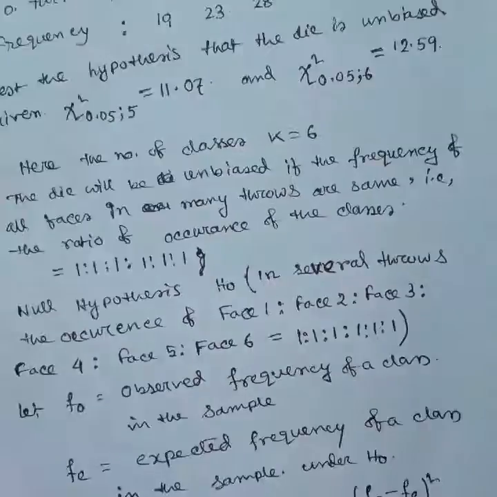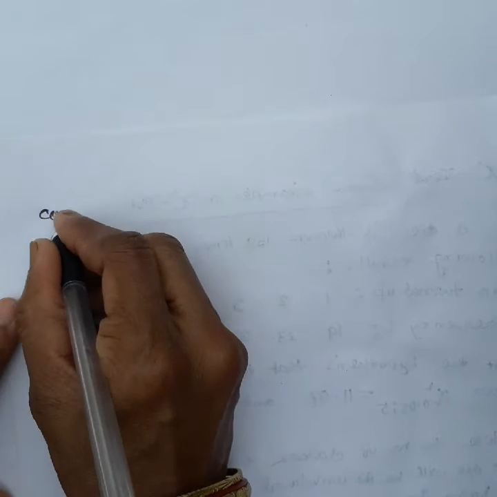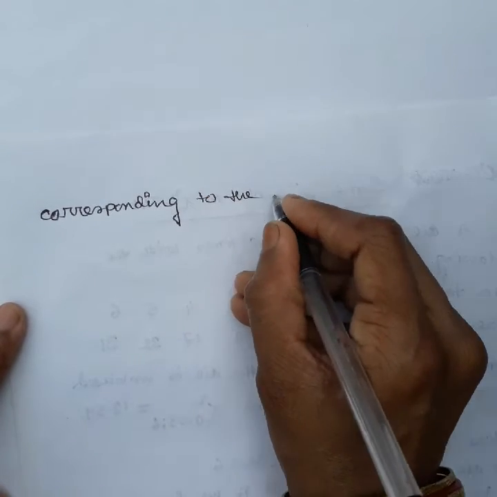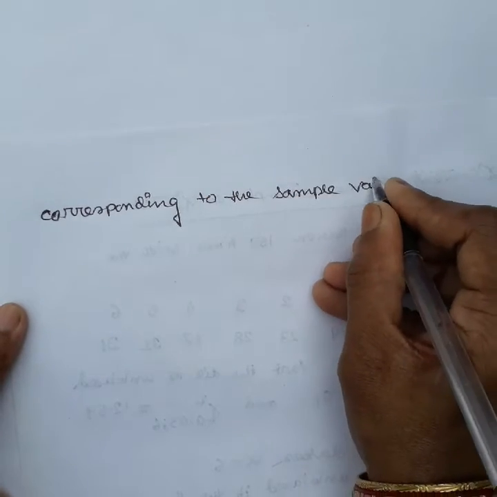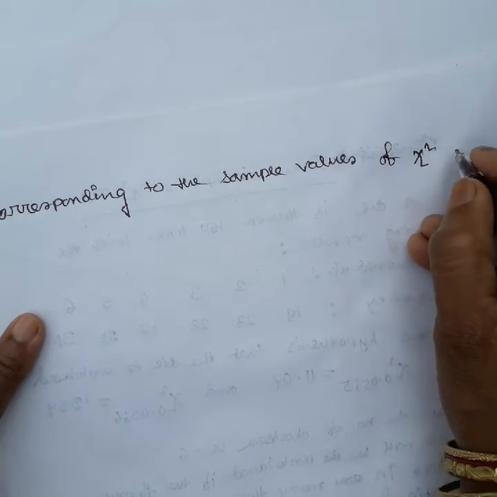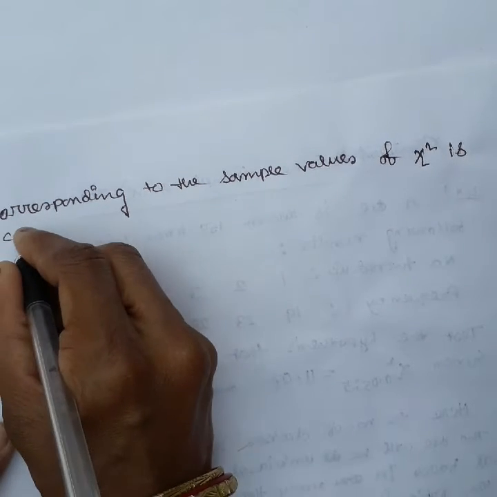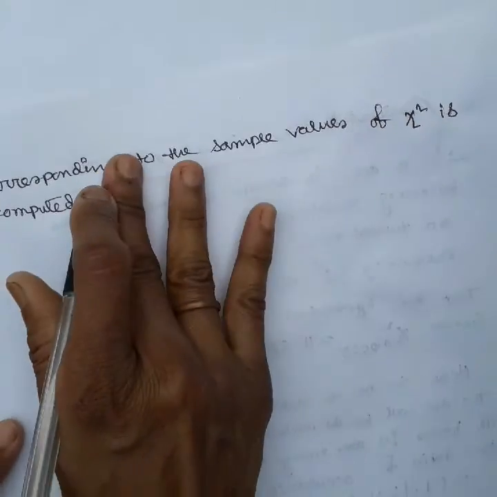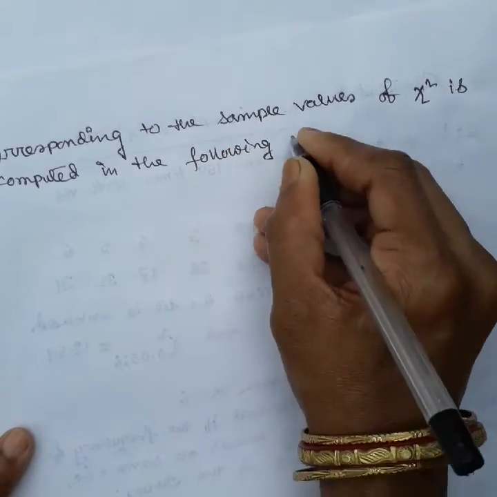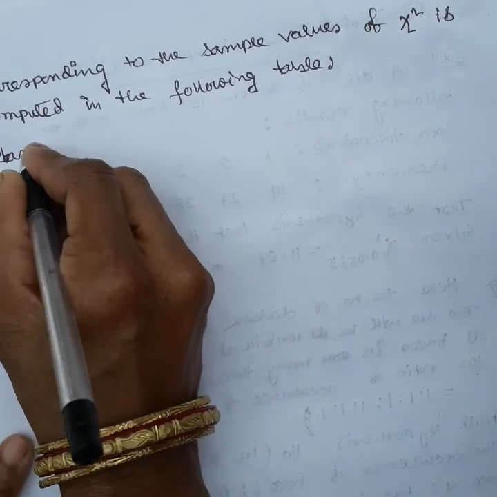Okay, so corresponding to the sample values, the value of chi-square is computed in the following table. First is class.